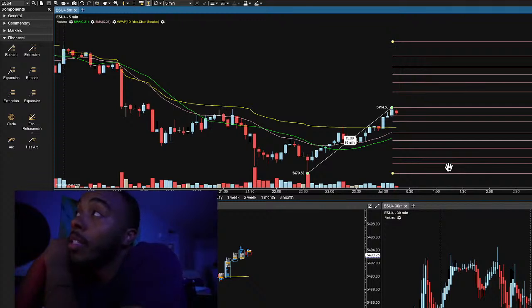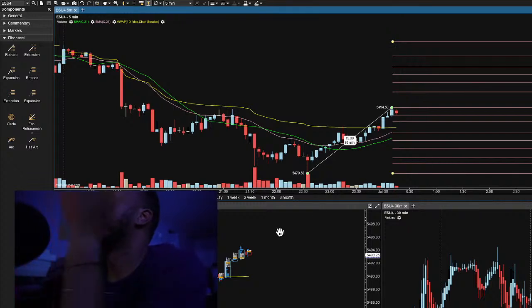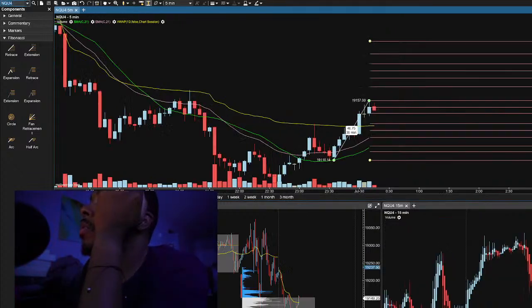So you could kind of see a reversal happening right now. Let's see if it's a strong one. Let's look at NQ just to make sure this is what we're going to look at.